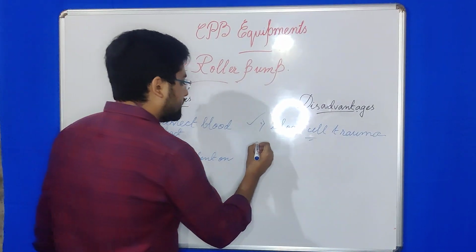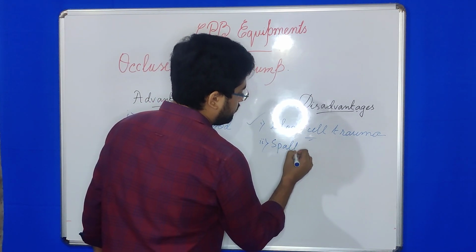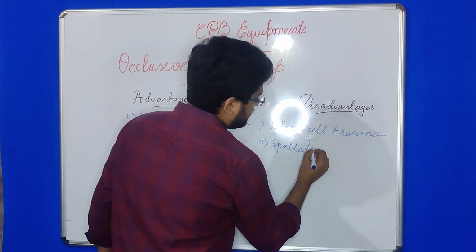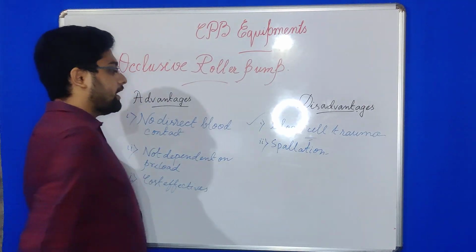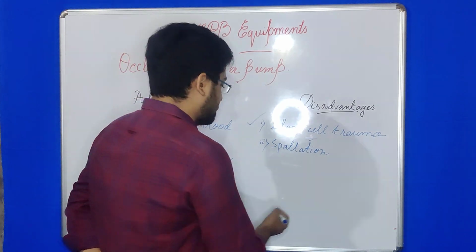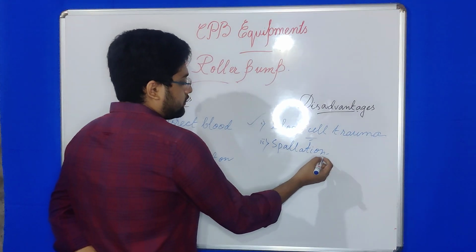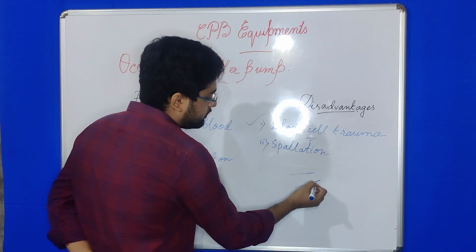Next one is spallation. Again, it is also due to occlusion pressure. So what does spallation mean? The occlusion pressure is applied on the tubings.